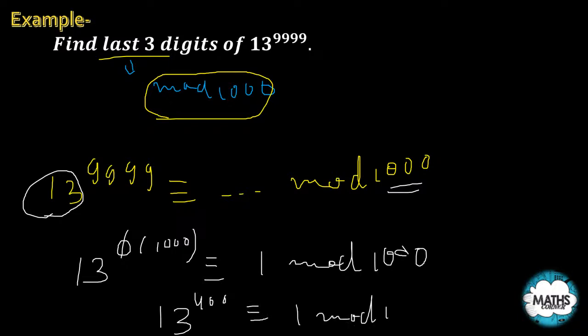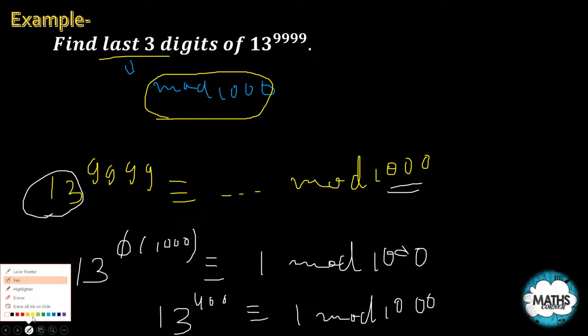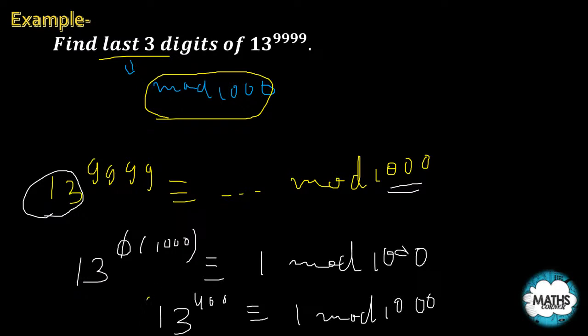Now I will raise the power of both sides, let me raise the power with 25 only. When I raise the whole power with 25, the right side will become 1 raised to power 25.